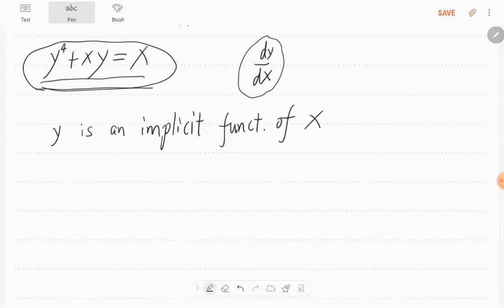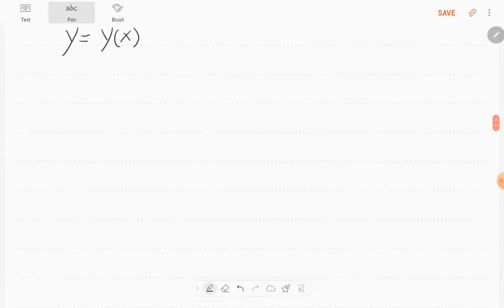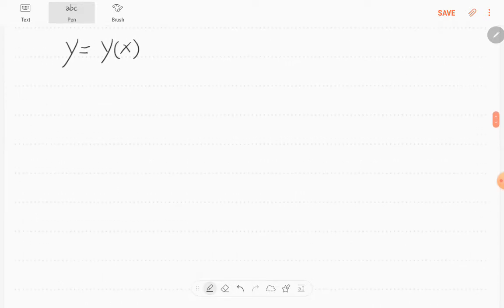For implicit functions, there is a very important thing you should keep in mind: you must treat y as a function of x. Let's look at a very easy example: x times y equals 1.